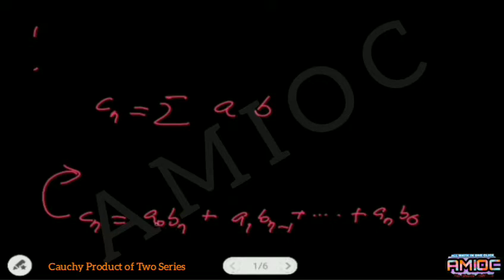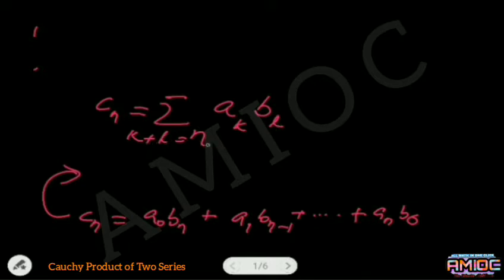The sum of the two indices in each term is n. 0 plus n is equal to n, 1 plus n minus 1 equal to n, n plus 0 equal to n. Therefore, if we are writing the indices as k, l in ak bl, then we can vary the sum over k plus l equal to n, summation over k plus l equal to n of ak bl.